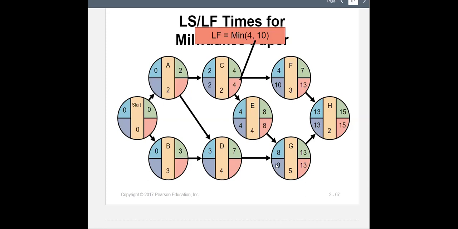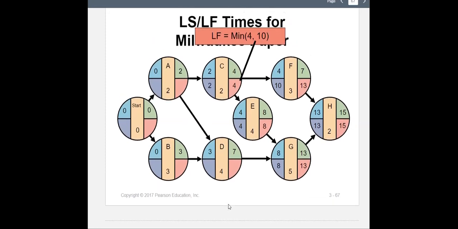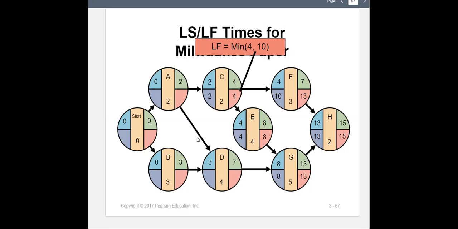Now for the next part, let's have an example with two of them. For example, E. The next of E is 8. So 8 goes here, right? There's just one connection between E and G. So 8 goes here. 8 minus 4 is 4. But for C, C has 2 connections, right?